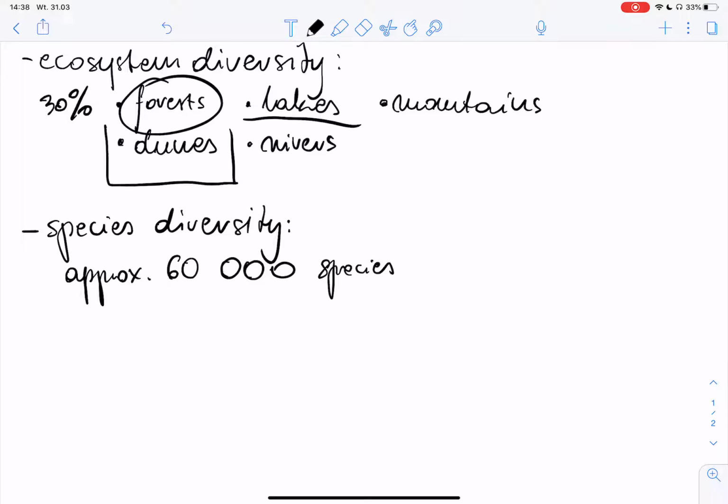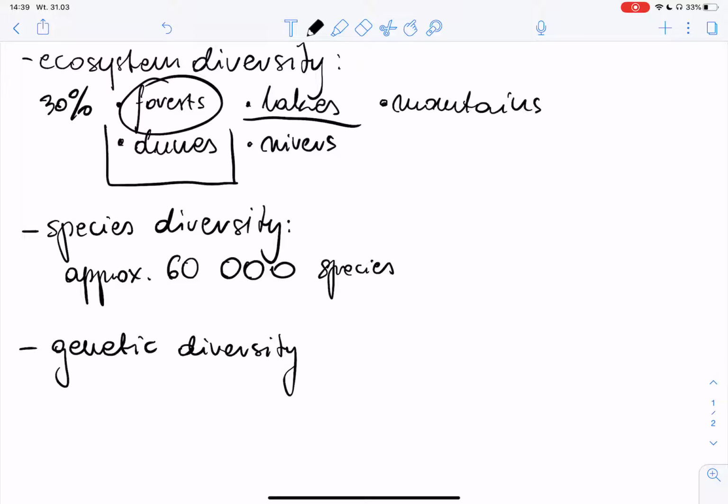If it comes to the genetic diversity, the situation is kind of different because when we have a huge number of individuals belonging to a certain species, then the genetic diversity will be bigger.